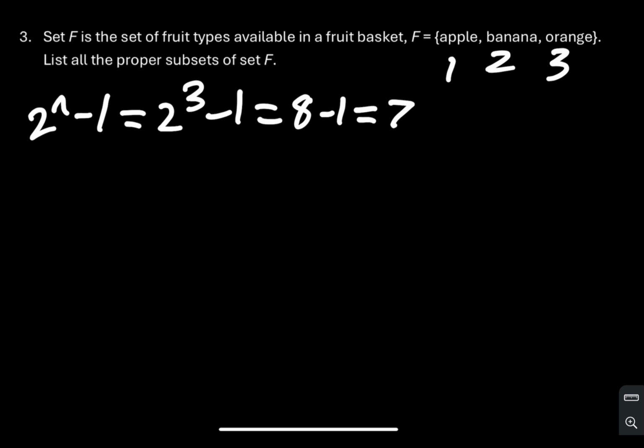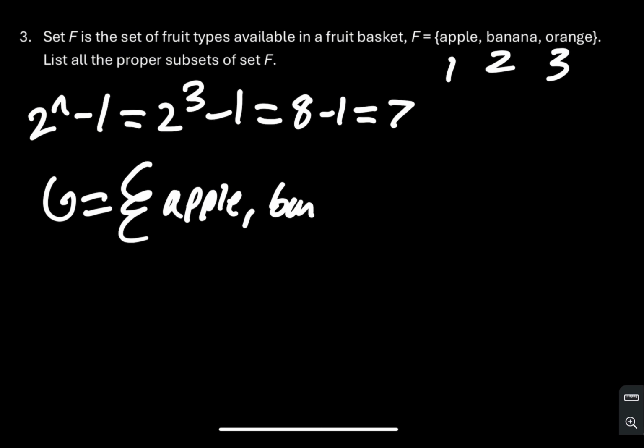I'm going to say G is going to be a proper subset of set F. We have 3 elements, so we need to get bumped down to 2. So we're going to start with 2 elements for each proper subset. We're going to have apple and bananas. Did I spell bananas wrong?